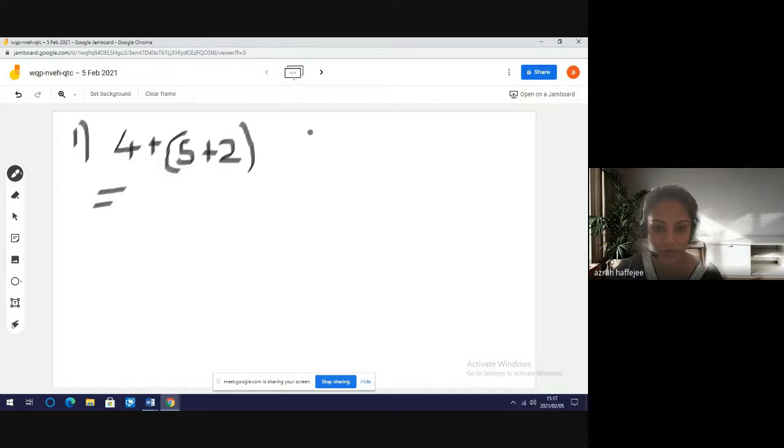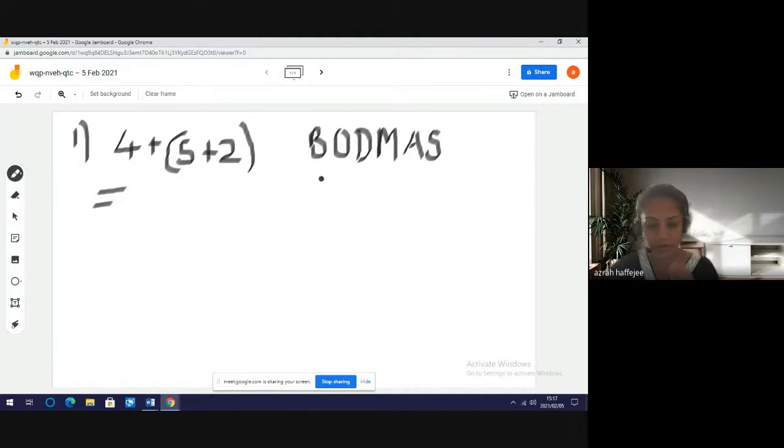So in maths, you always try and work with the brackets first. Later on in the bigger grades as you go, you guys will come across something called BODMAS. BODMAS, however, simply states that you always work with the brackets first. So B is actually referring to brackets.